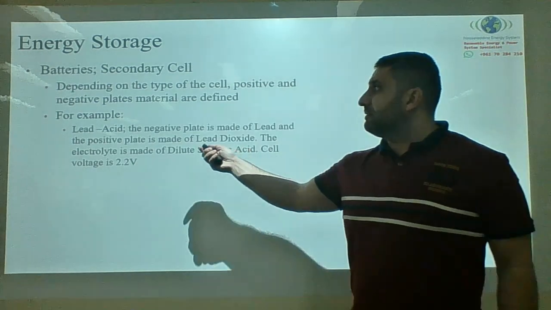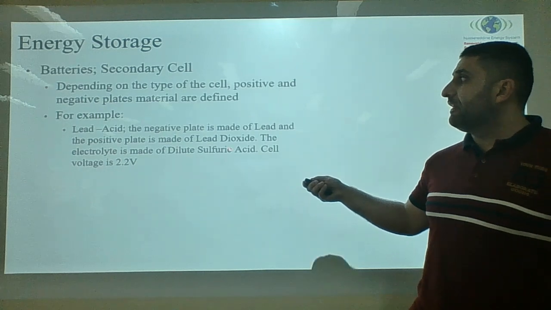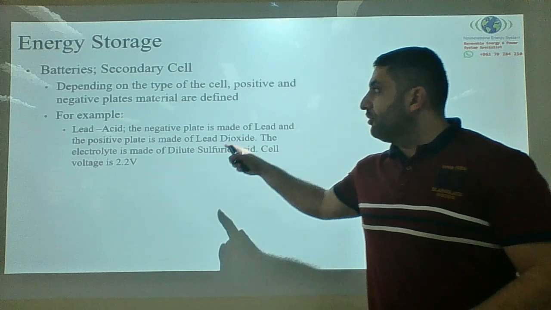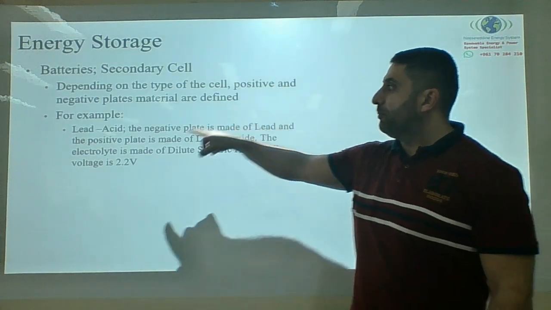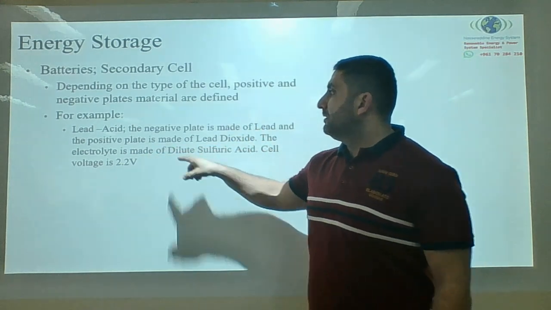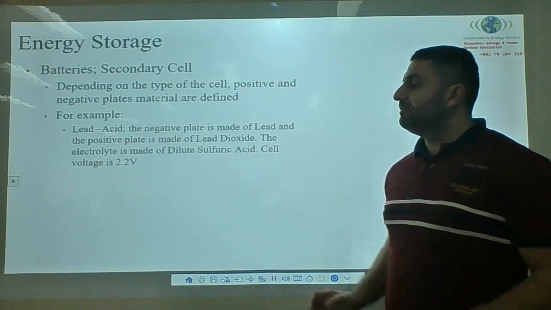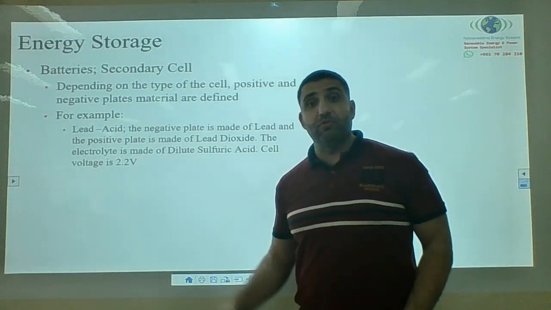The negative plate is made of lead and the positive plate is made of lead dioxide. So for this system, I have the negative plate made of lead only, the positive made of lead dioxide, and the electrolyte is made of dilute sulfuric acid, in between. And the cell voltage, every cell voltage is 2.2 volts.